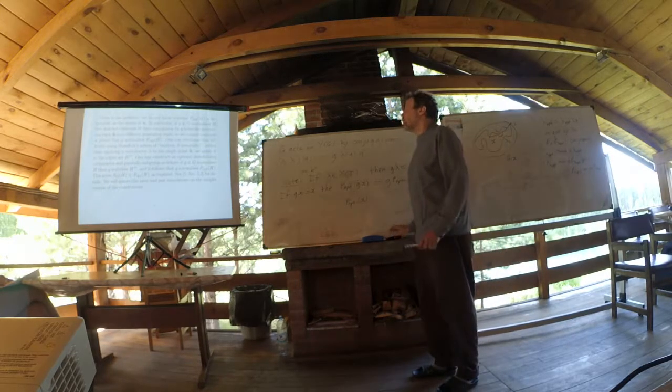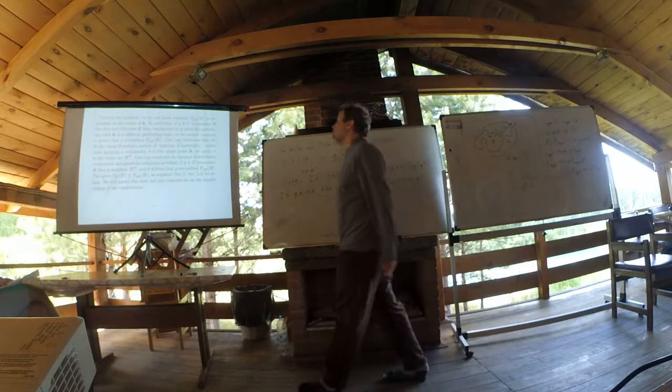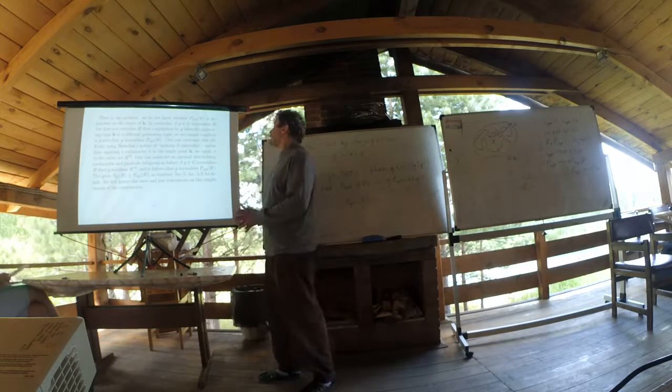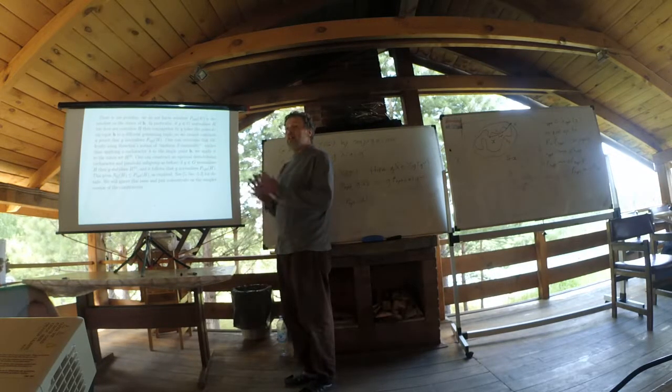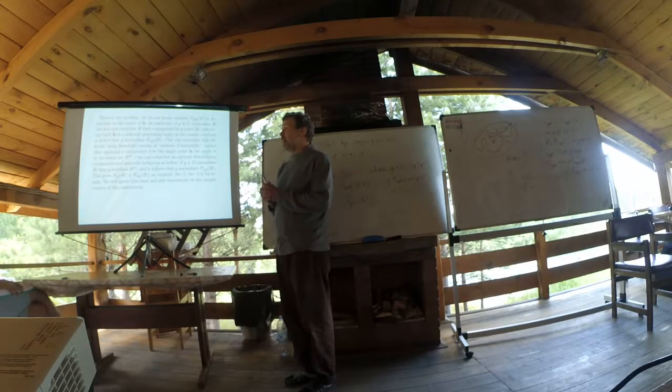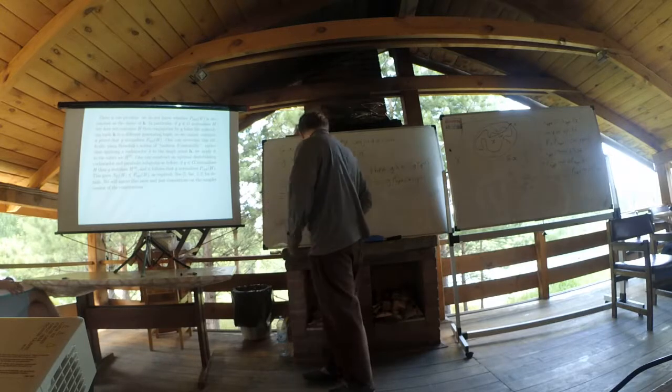Because if we have some element that normalizes H, but doesn't centralize it, then conjugation is going to actually give us a different generating tuple. And so we don't know that this is going to give us the same parabolic.